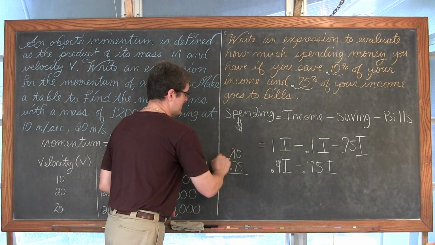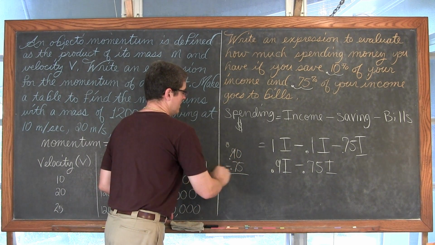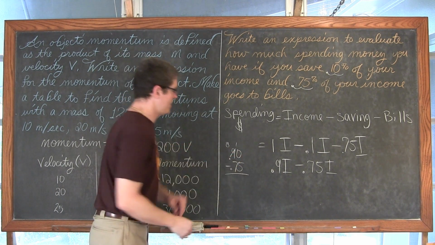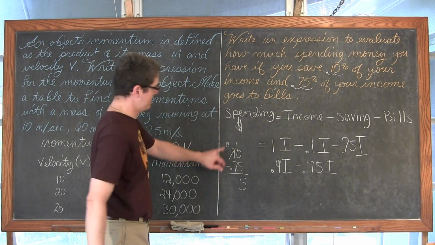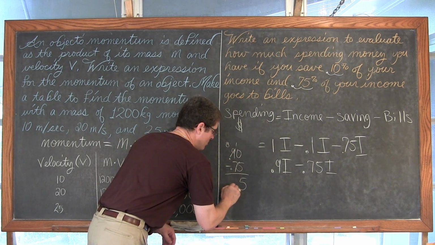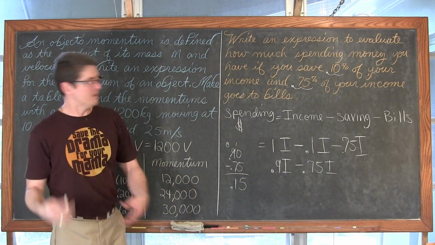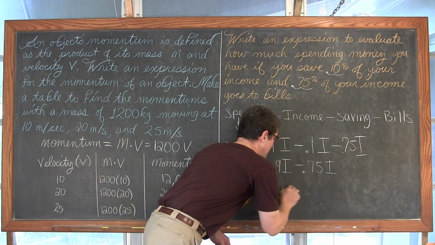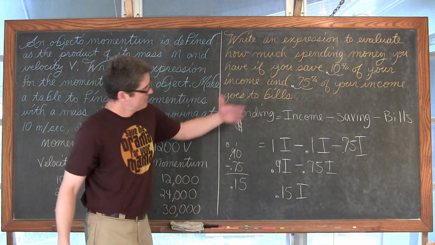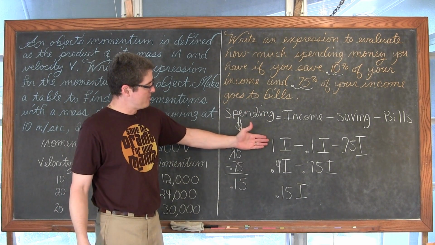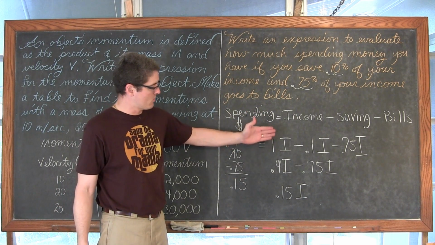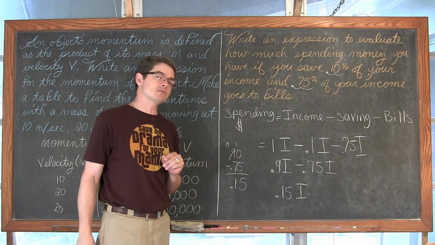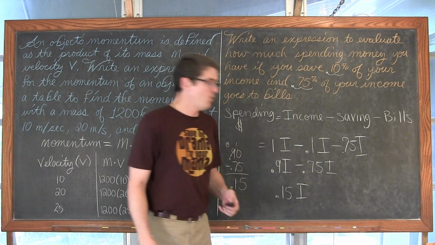How about we take the 9 and we borrow 1 from it? Carry that over. 10 minus 5 is equal to 5, and 8 minus 7 is 1, and then we bring in the decimal and we get 0.15I. And your teacher might be looking for this expression, or they may be expecting you to combine the like terms and say your final expression is 0.15I.